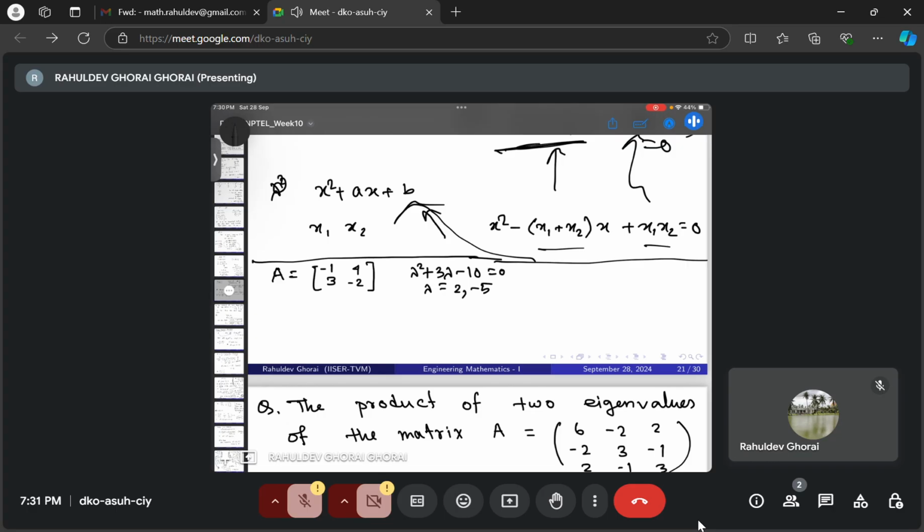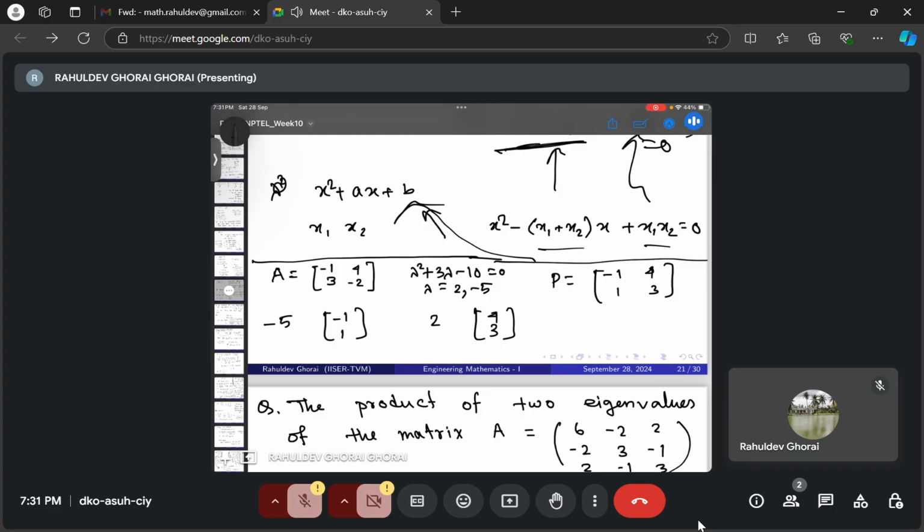Corresponding to -5, the eigenvector will be (-1, 1), and corresponding to 2 the eigenvector will be (4, 3). So then you find the matrix P will be [-1, 4; 1, 3].